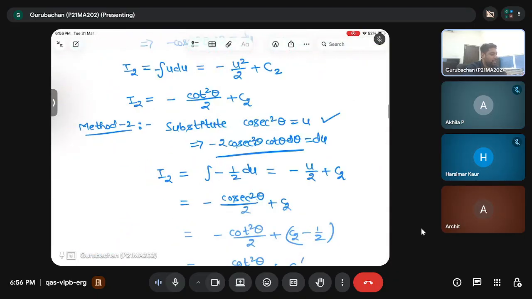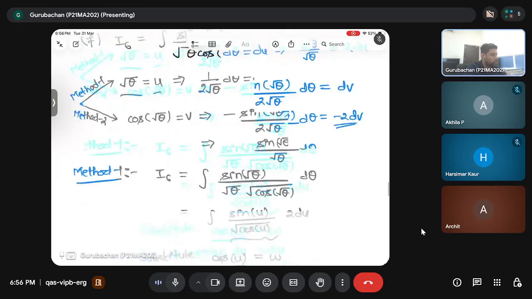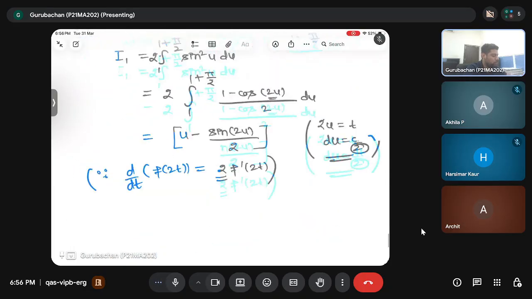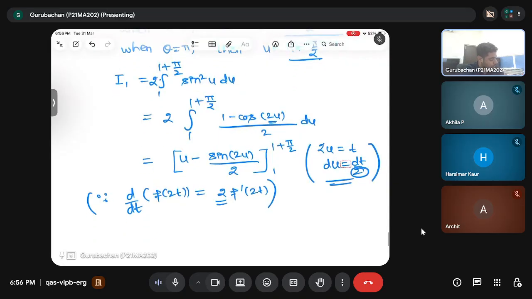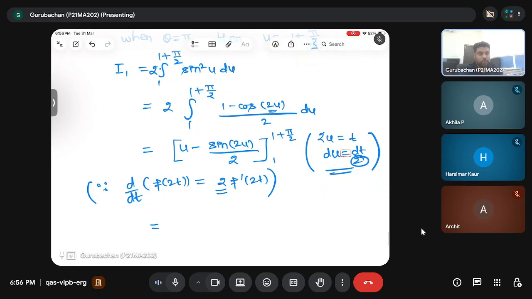So understood how I replaced this, sine 2u by 2? Is it clear? Yes, sir. So now from 1 to 1 plus pi by 2, first of all we substitute 1 plus pi by 2. So this will be 1 plus pi by 2 minus sine of, since it is 2 times, 2 plus pi, divided by 2.